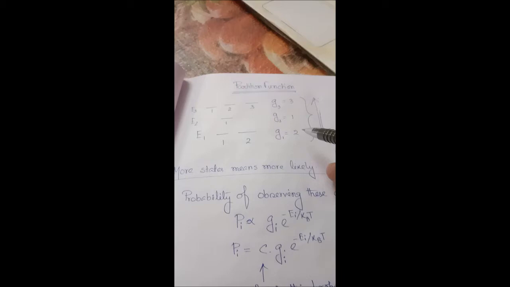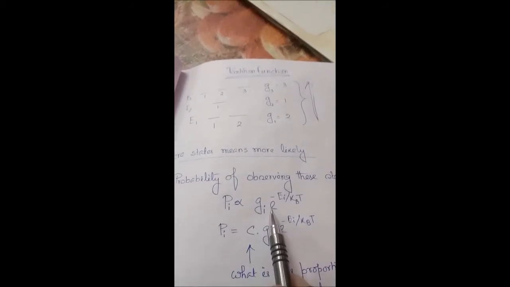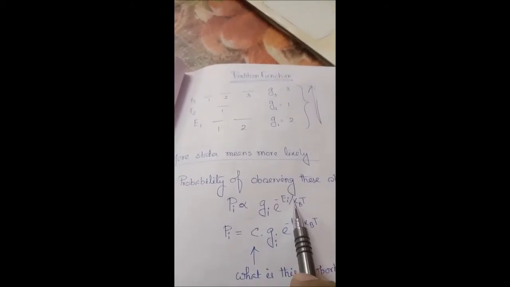You can see that energy increases as I move from the lower portion to the upper portion, so E3 has higher energy compared to level 1, that is E1. According to the Boltzmann distribution, the probability of observing these states, Pi, is proportional to Gi into exponential minus Ei by kBT.